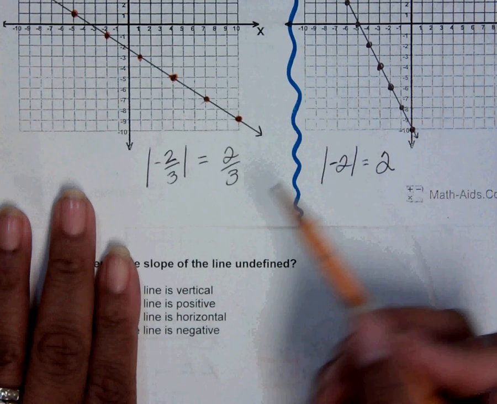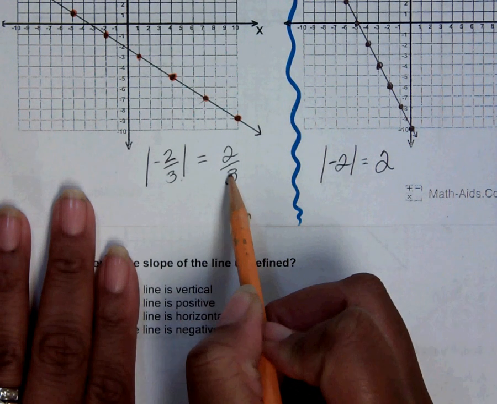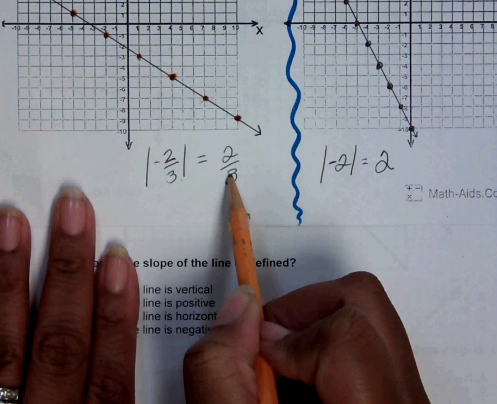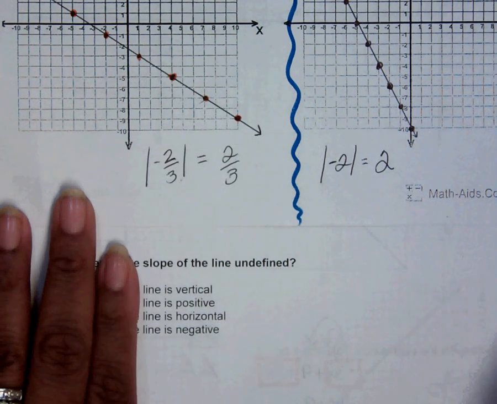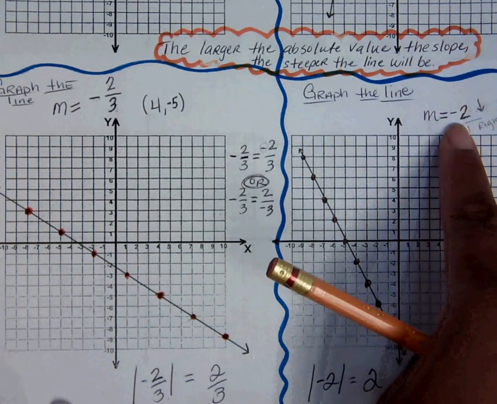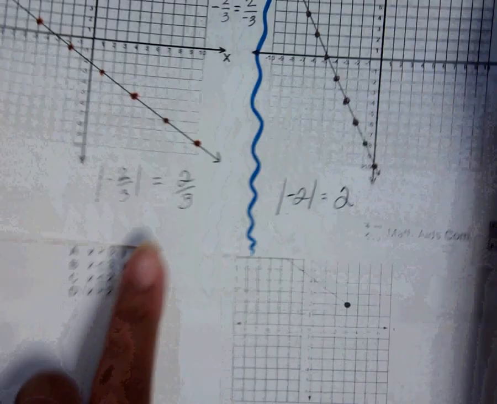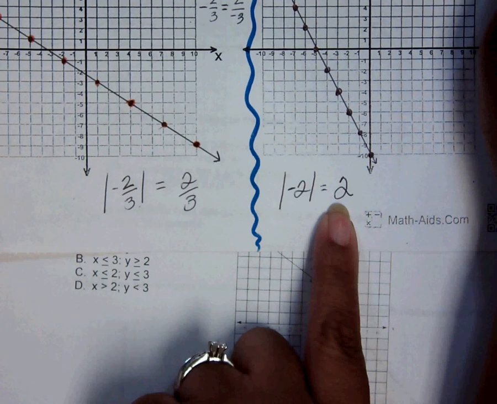So when I take the absolute value of a negative number, it makes it positive. And if I take the absolute value of a positive number, it makes it positive. It's already positive, it just keeps it positive. So when you take the absolute value of this number here and the absolute value of this number here, you get a +2/3 and a +2. So which one is bigger now?